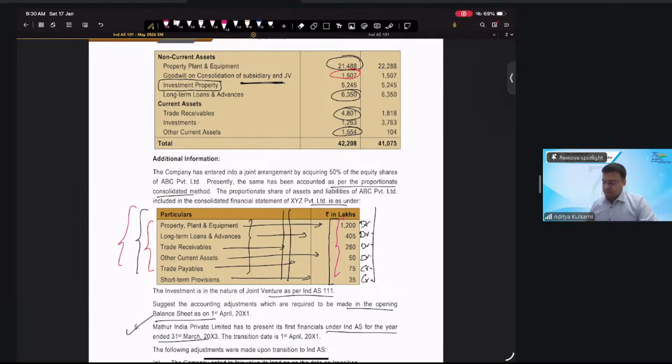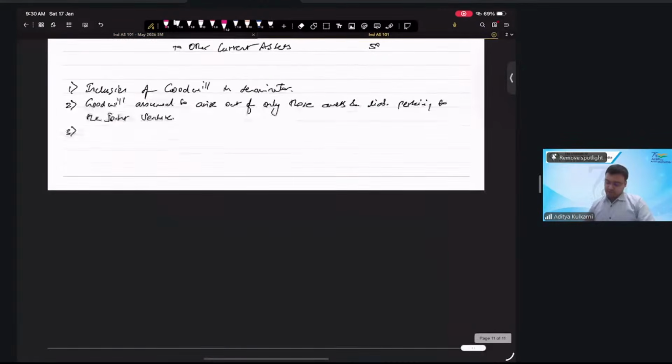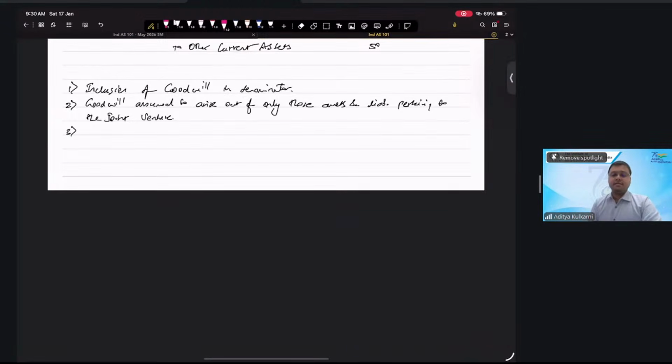What was our first assumption? Goodwill is assumed to arise only out of those assets and liabilities pertaining to the joint venture, which is okay. It is justifiable. It is possible also that you only pay extra for those 5-6 line items which are mentioned in the second table. Yes or no? Yes. Okay.